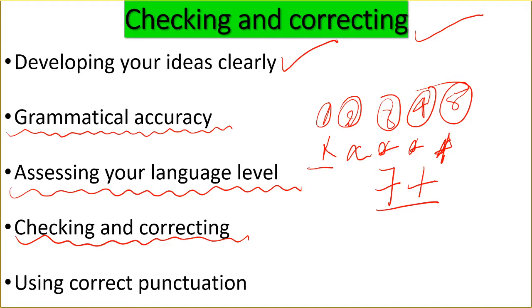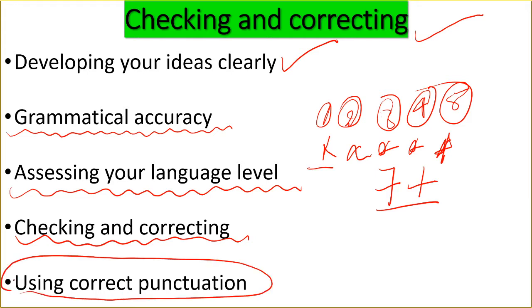Next is using correct punctuation. Guys, punctuation is very important in IELTS writing. If you are writing an essay with complete grammar standard, with complete vocabulary standard, with complete task response, still you are losing with the correct lexical resource, but it is a part of your grammar.